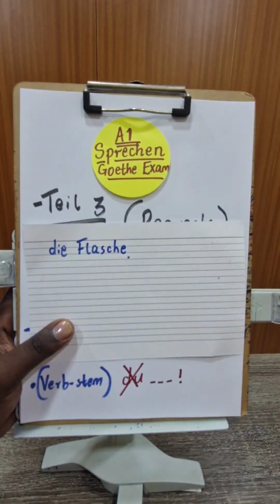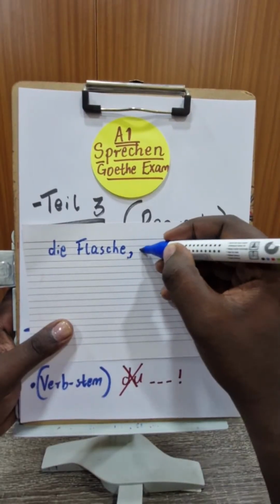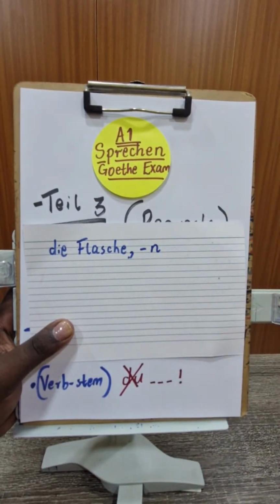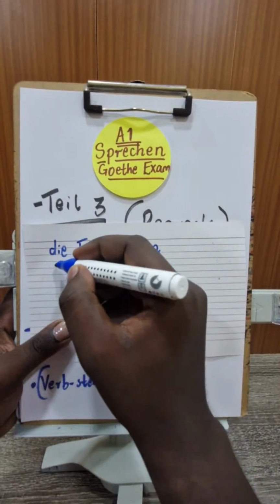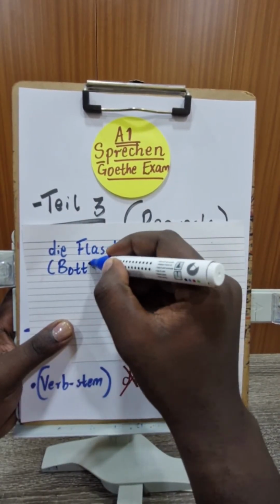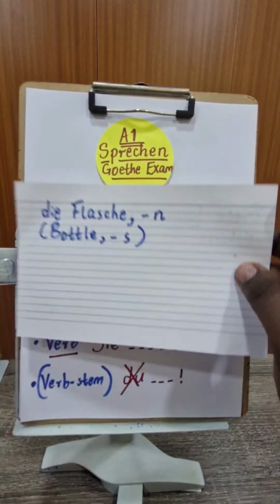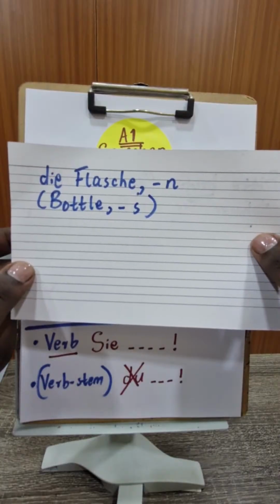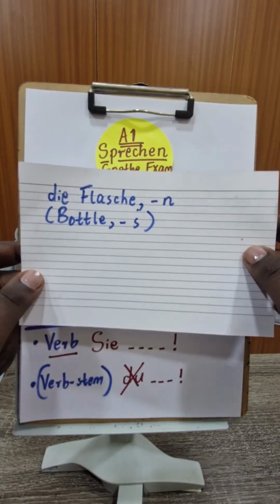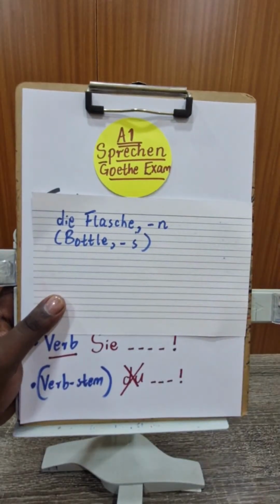In plural, you add an N to it. Flasche simply means bottle, and in plural the N comes in: die Flaschen, bottles.